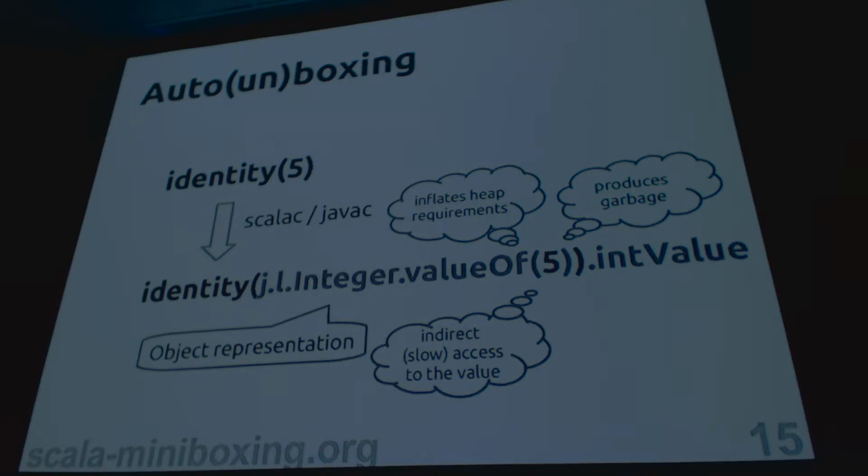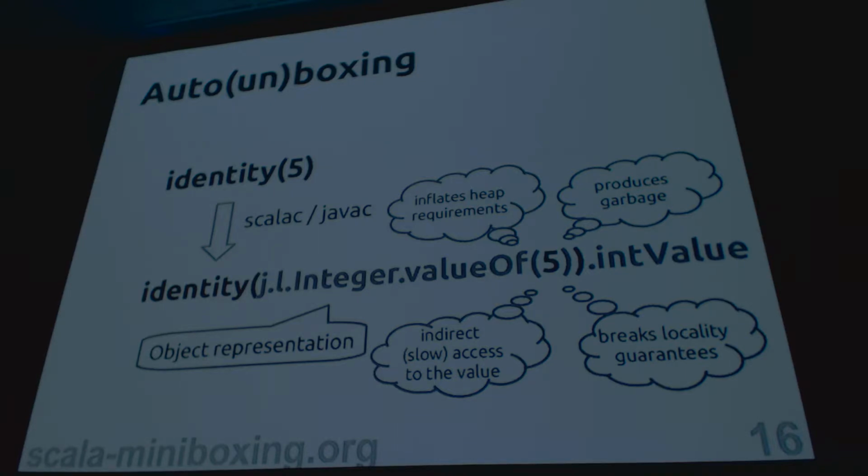You have to go through a pointer to some offset and read it from there. And finally, it breaks all guarantees about locality. So if you have an array of unboxed integers, you have a guarantee that they will be one after the other in memory, so you can get them in a cache line.